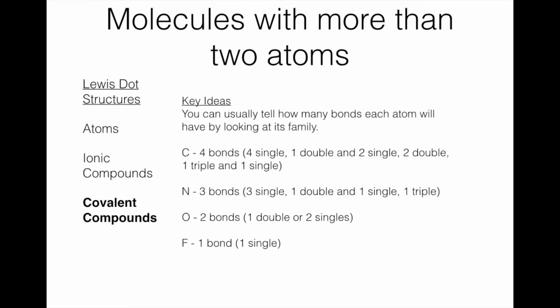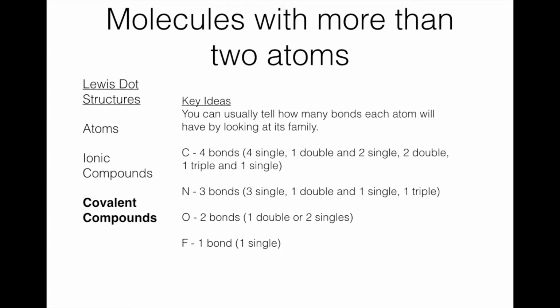A couple of trends that you'll start to see as we begin to draw more and more of these molecules. You can usually tell how many bonds each atom will have by seeing what family that atom is in. For example, carbon is in group 4, which has 4 valence electrons, and all 4 of those are unpaired when you look at the Lewis symbol for the carbon atom.